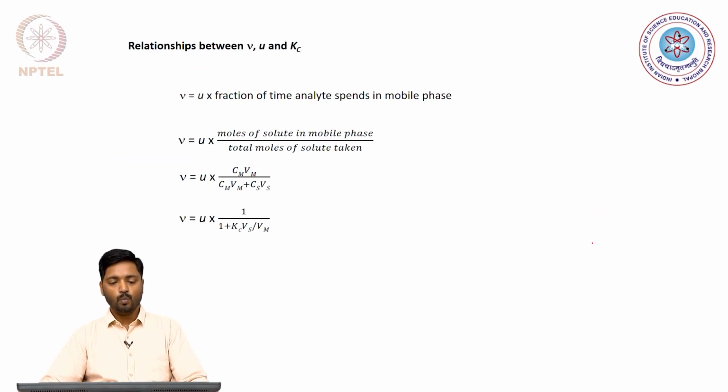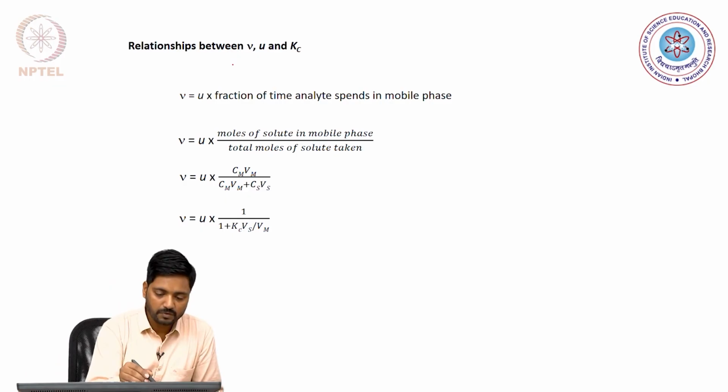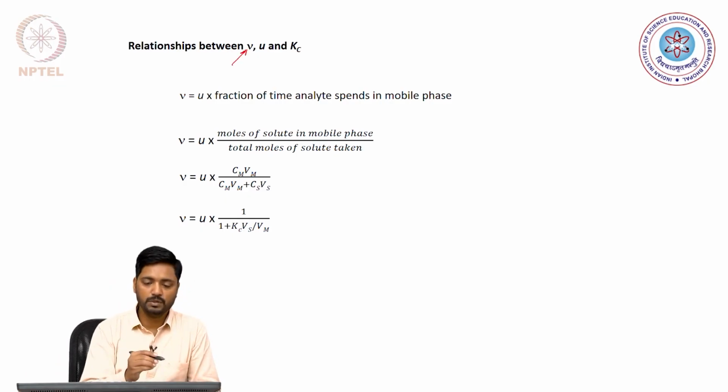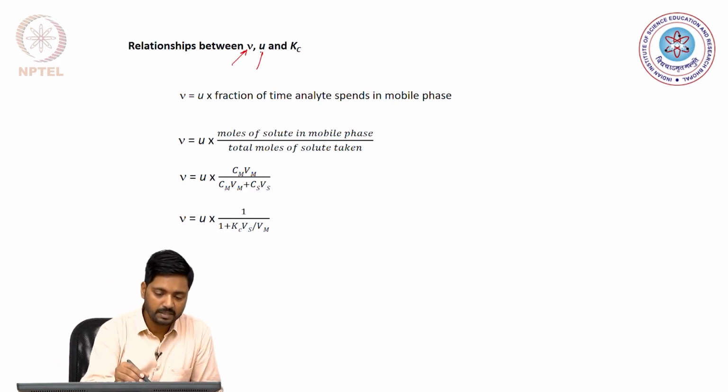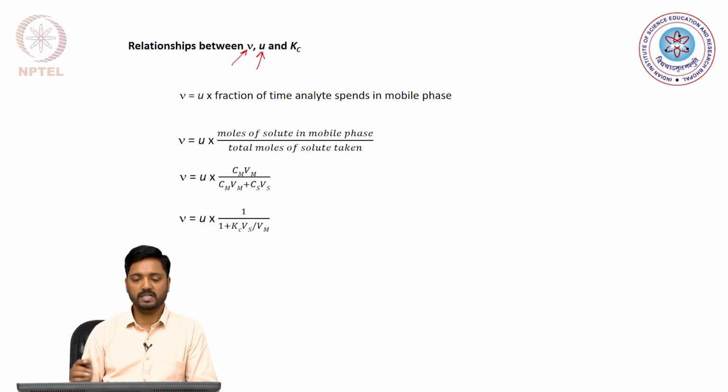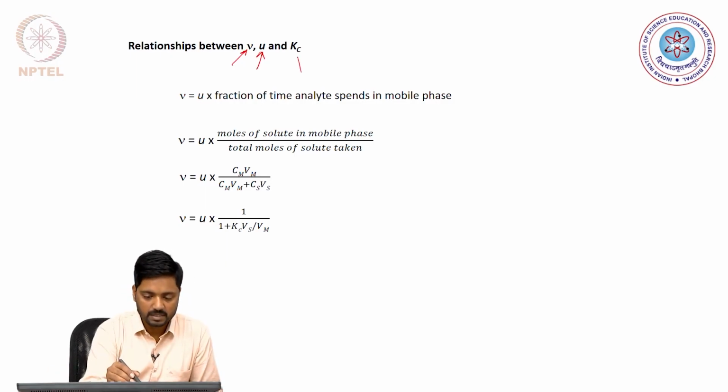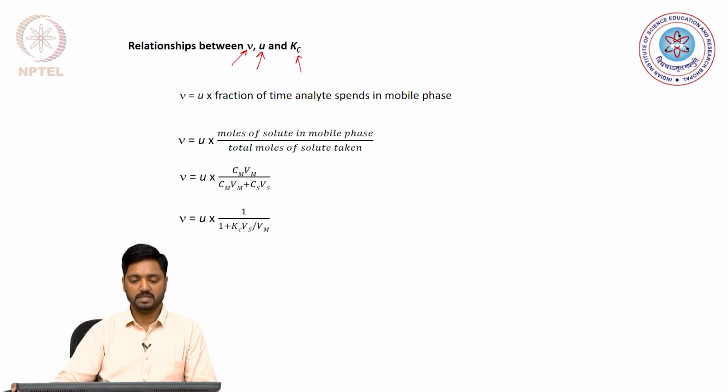So, let us understand now in this slide what are the relationships between the linear velocity for the solute or the analyte, the linear velocity for the mobile phase, and the distribution constant K c.